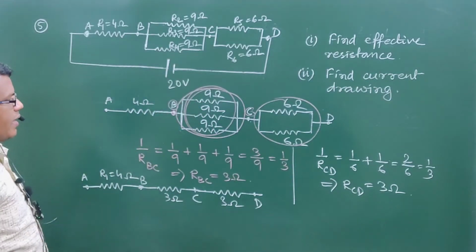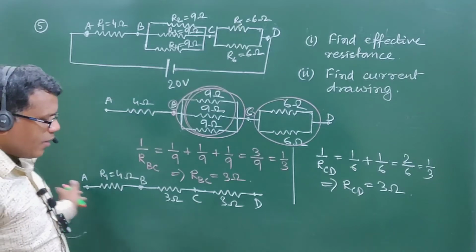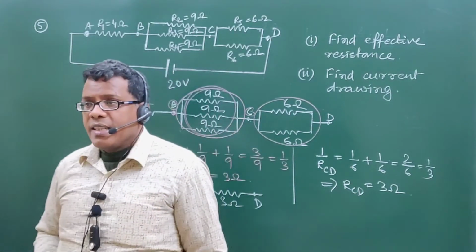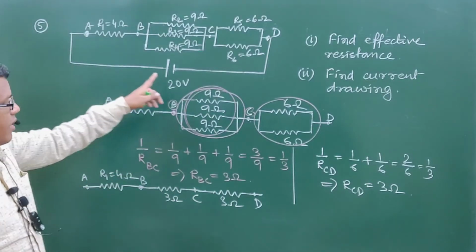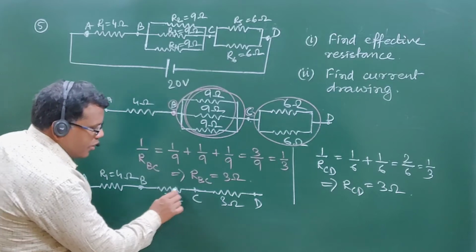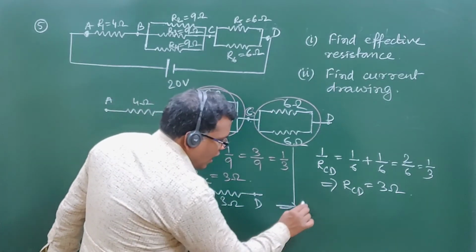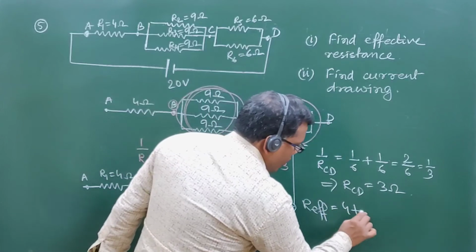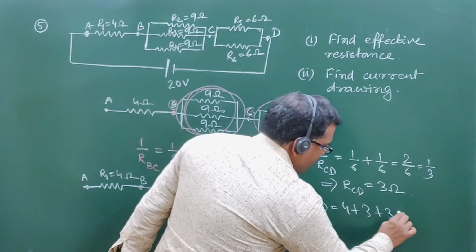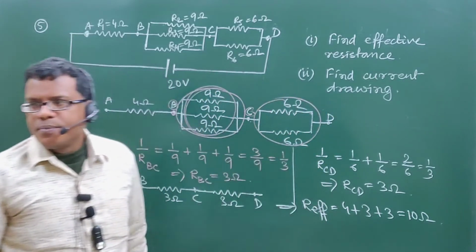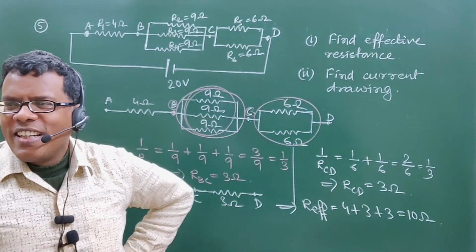So finally we get one branch of three resistors connected in series across the given battery of 20 volt: 4 ohm plus 3 ohm plus 3 ohm. So R effective of the network is 4 plus 3 plus 3, ultimately 10 ohm.